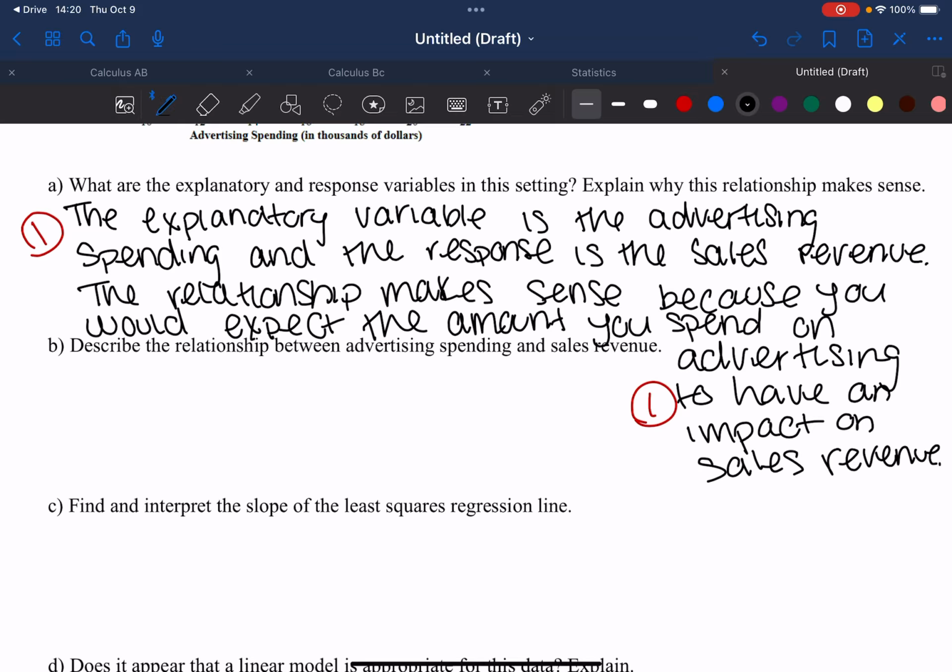The next question says, describe the relationship between advertising spending and sales revenue. Remember, when it's telling you to describe the relationship, it's looking for three things.